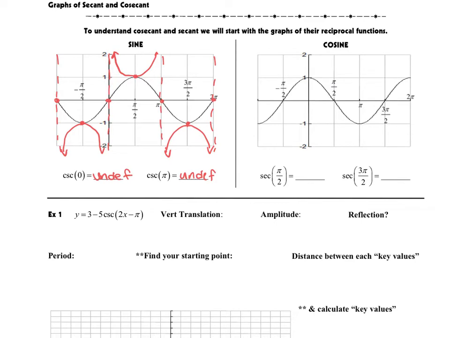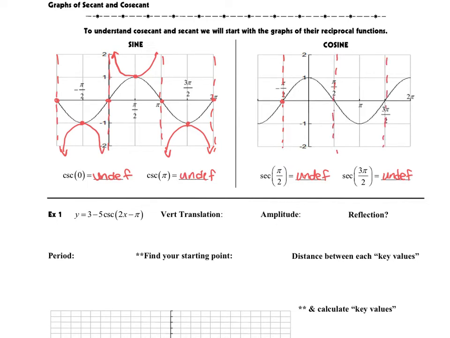A little reminder that the secant of pi over 2 is undefined and the secant of 3 pi over 2 is undefined. And again, there are an infinite number of places where it's going to be undefined. It's going to happen anytime the cosine graph crosses 0, or crosses the x-axis, which means it equals 0. So anywhere we've got it crossing, we're going to create a nice vertical asymptote.